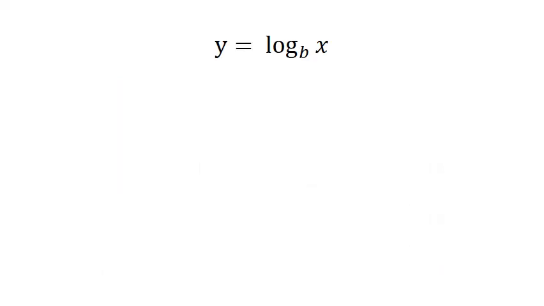So what exactly does the graph of y equals log base b of x look like? So far we can see that there are really two cases for this particular parent function. But in either case, we're not going to cross the x equals 0 line. In other words, we're going to have a vertical asymptote at x equals 0.